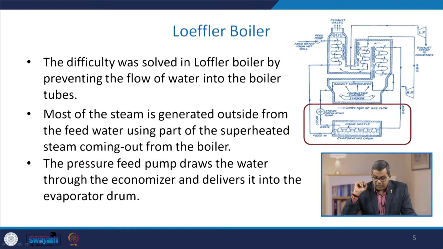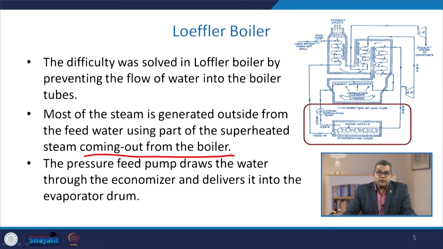So people thought about this aspect, and this difficulty was resolved in the Loeffler type of boiler by preventing the flow of water into the boiler tubes. Most of the steam is generated outside, from the feed water, using part of the superheated steam that is coming out of the boiler.